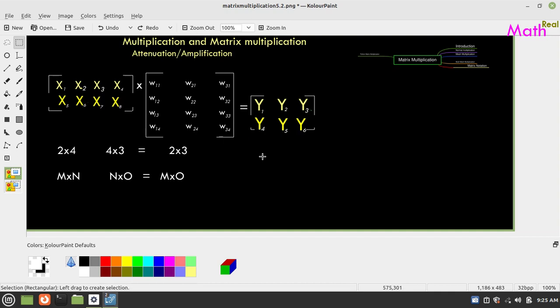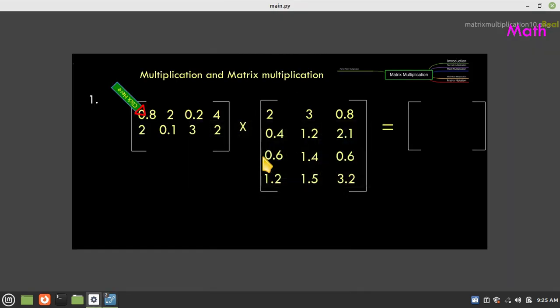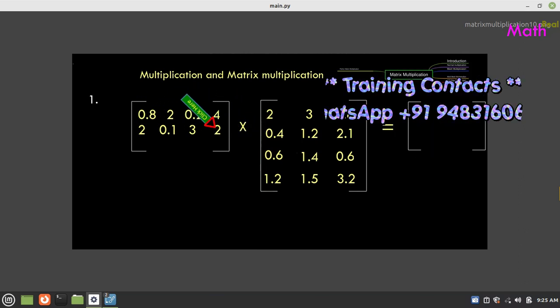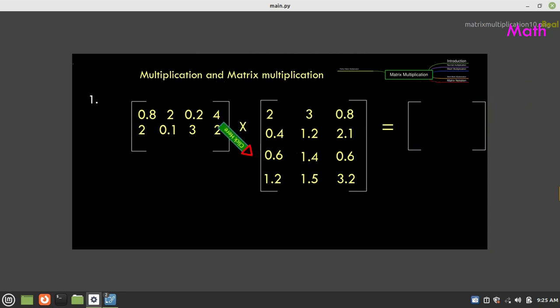Okay. How does matrix multiplication happen? The first row gets multiplied by the first column. So 0.8 gets multiplied by 2, 2 gets multiplied by 0.4, 0.2 gets multiplied by 0.6, and 4 gets multiplied by 1.2.